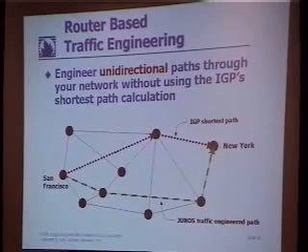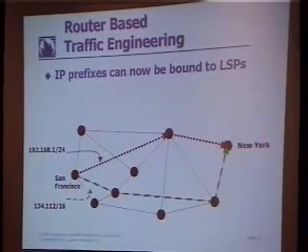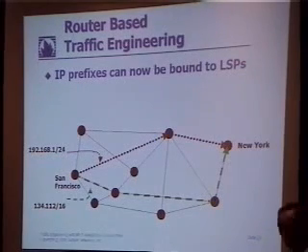And you can bind, they call it binding, you can bind prefixes to certain LSPs. So maybe 192.168/24 uses the regular IGP path, but then 134.112 uses this tunnel. So you need to have this granularity to be able to pick which traffic uses which tunnel. This gets back to mapping traffic into a tunnel and binding prefixes to LSPs.